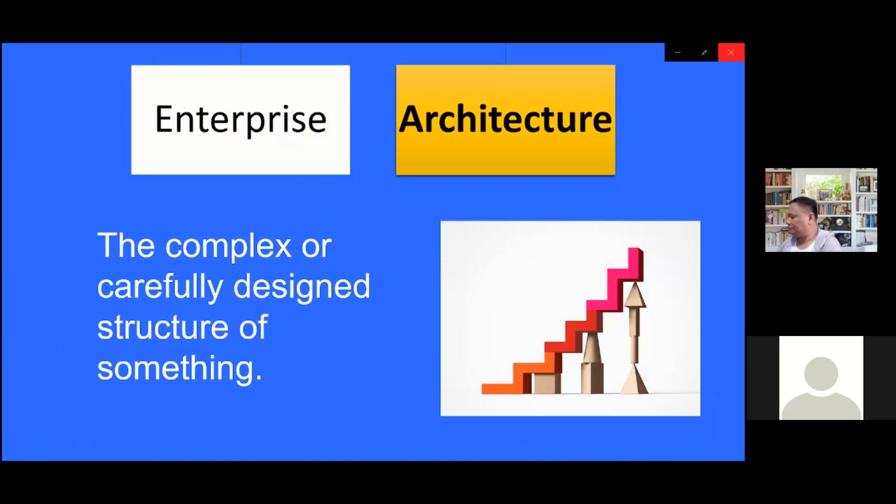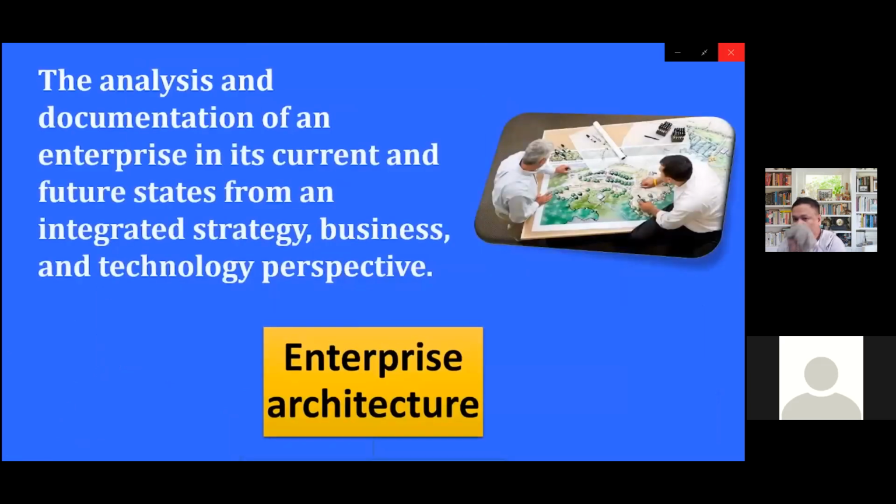Putting those 2 words together we have enterprise architecture. In terms of IT and business, enterprise architecture is defined as the analysis and documentation of an enterprise in its current and future views from an integrated strategy, business, and technology perspective.